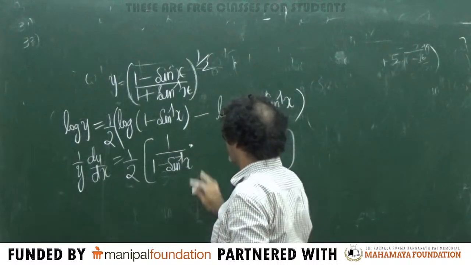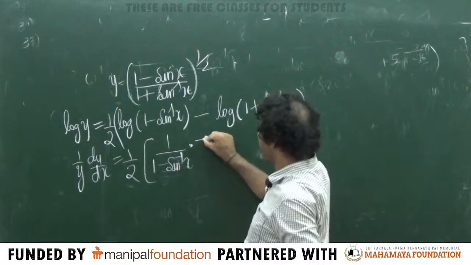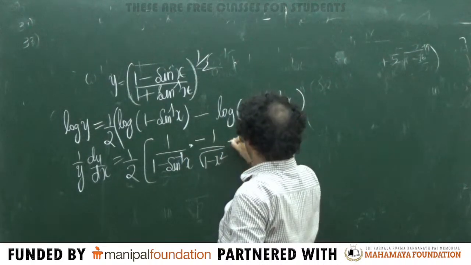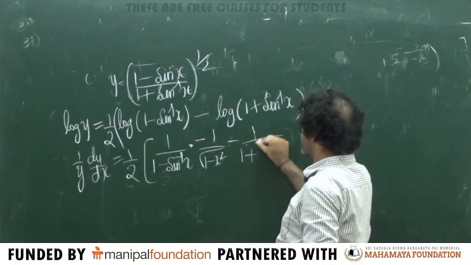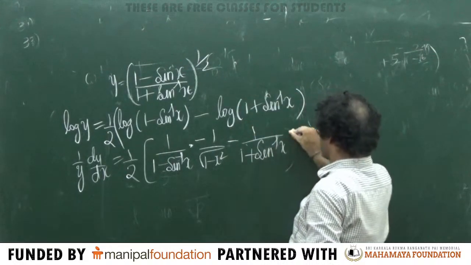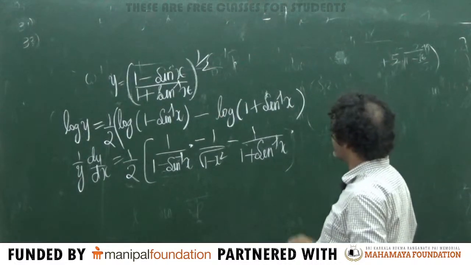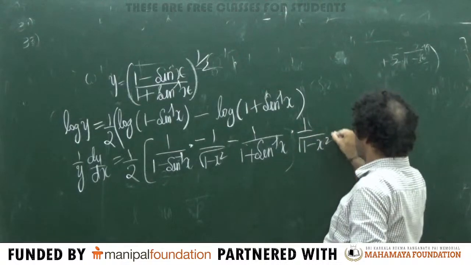Isn't it, 1 is anyway 0, minus sine inverse x is minus 1 by root of 1 minus x square. Again log of 1 plus sine inverse x, into what is differentiation of 1 plus sine inverse x? 1 is anyway 0. This is 1 by root of 1 minus x square.